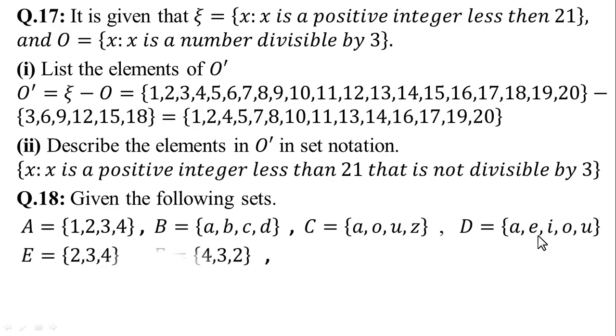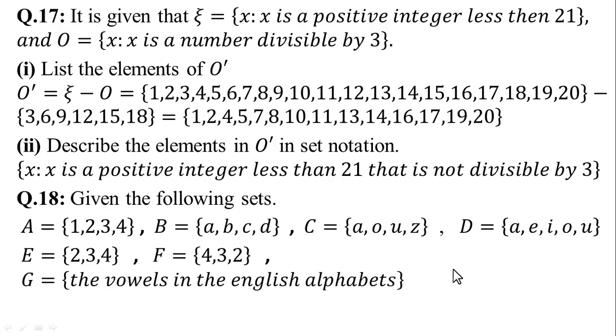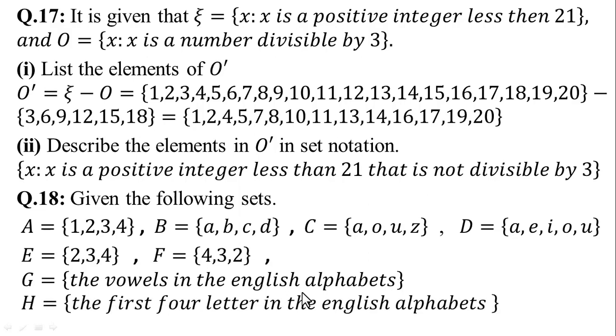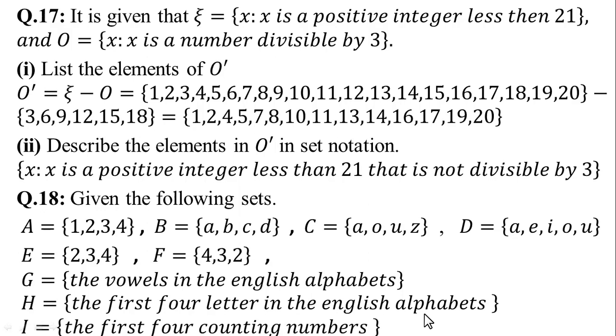In E, the elements are 2, 3, 4, and in F the elements are 4, 3, 2. Now G is the vowels in the English alphabet, H is the first four letters in the English alphabet, and lastly I is the first four counting numbers.